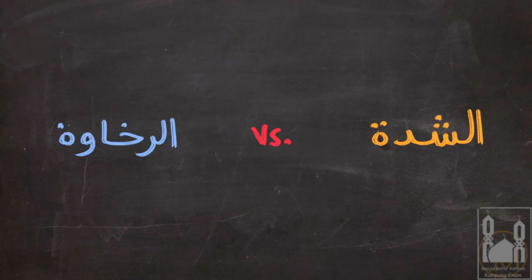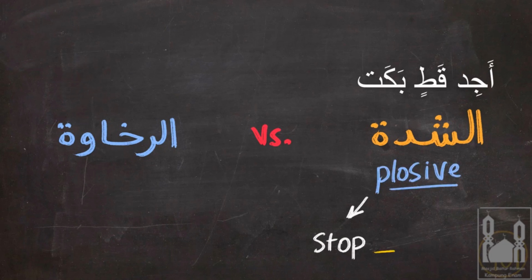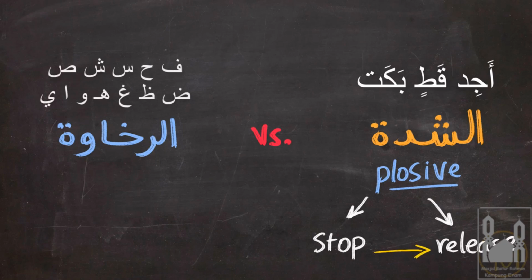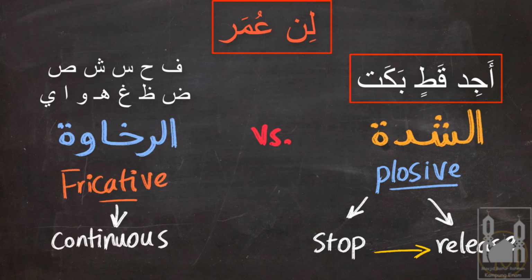So, the second couple of sifat is shiddah versus rakhawa. Shiddah letters are ajid qattin bakat, which are plosive sounds produced by first stopping air and then suddenly releasing it, while rakhawa letters are the remaining 16 letters, with the exception of these 2 sets, and they are produced by a continuous stream of air passing through the makhraj.